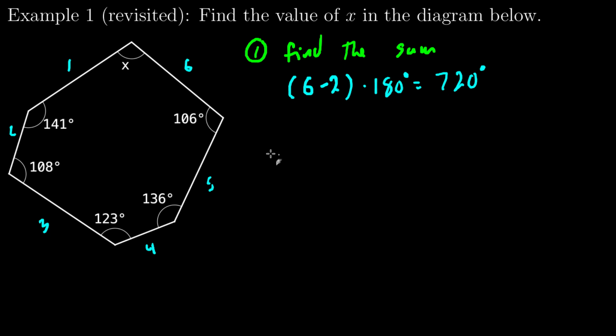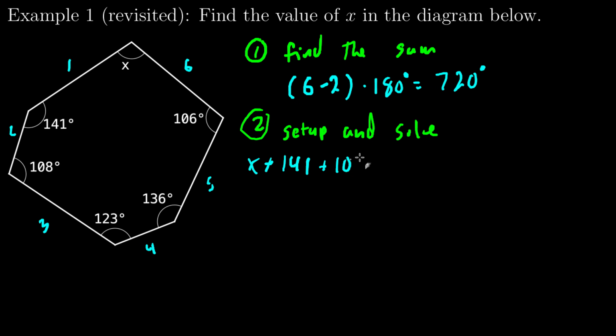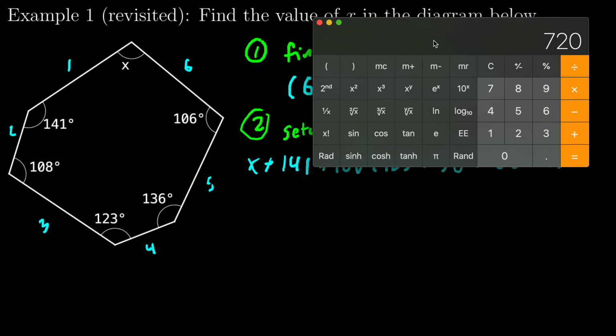And then, after I have found out what they need to add up to, I set up and solve the equation. So I have x plus 141, and I'm going to drop the degrees on here and bring them back in at the end, plus 108, plus 123, plus 136, plus 106. Let's see, 1, 2, 3, 4, 5, 6 angles equals 720. Okay, let me get this somewhere I can see everything.